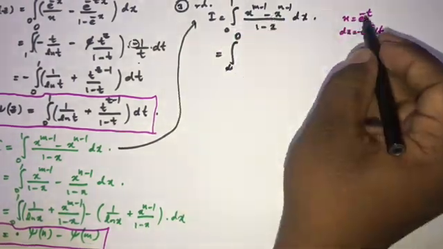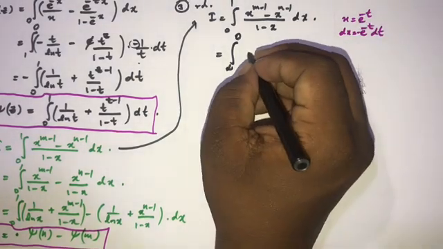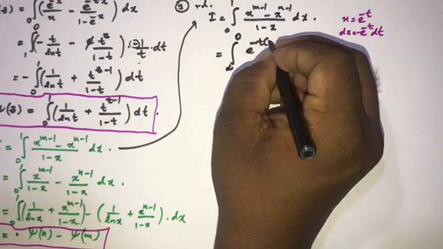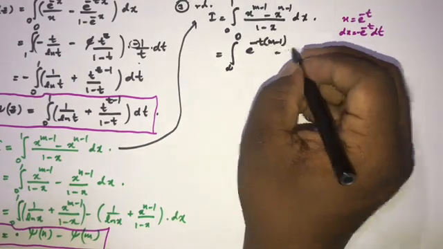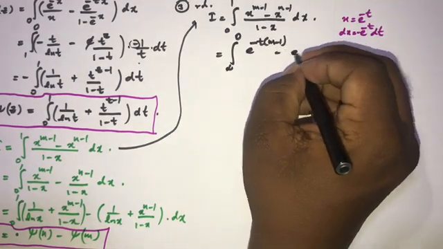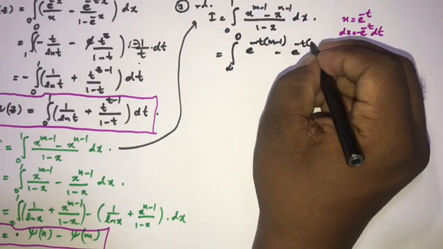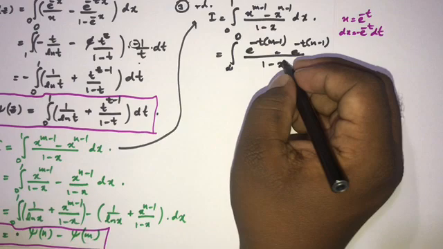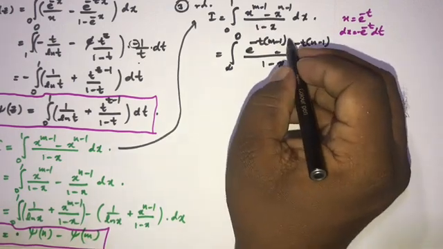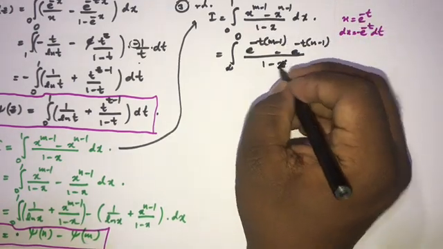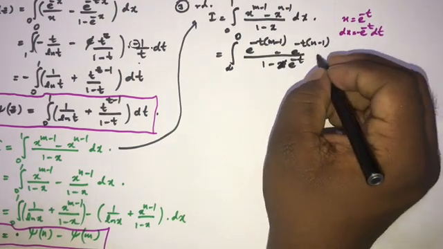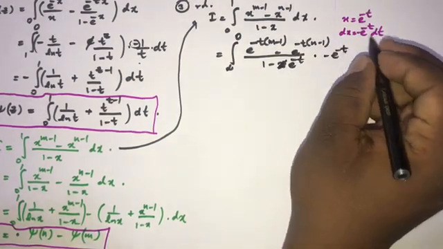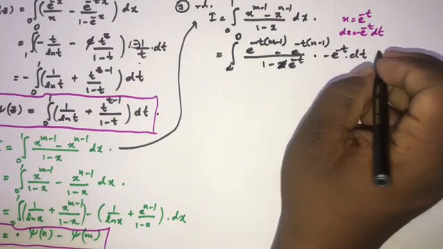Now x is equal to e to the minus t, so e to the minus t times (m minus 1) minus e to the minus t times (n minus 1), over 1 minus x which is 1 minus e to the minus t, and here minus e to the minus t dt.